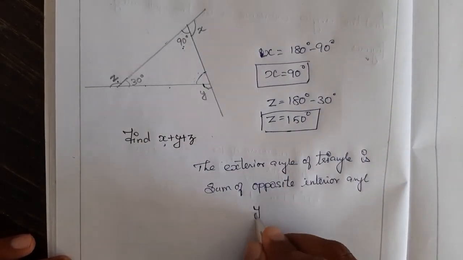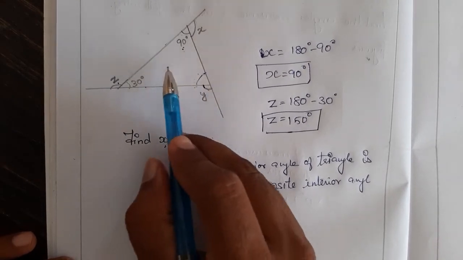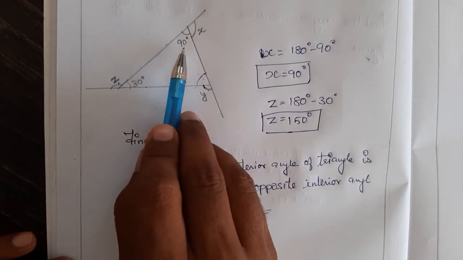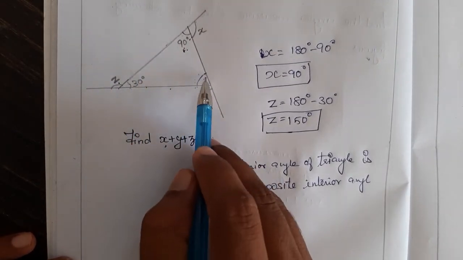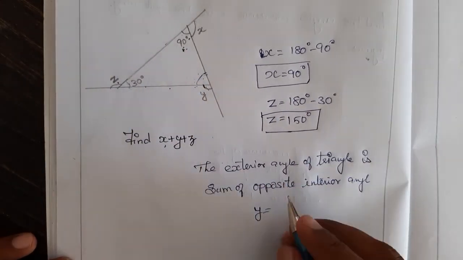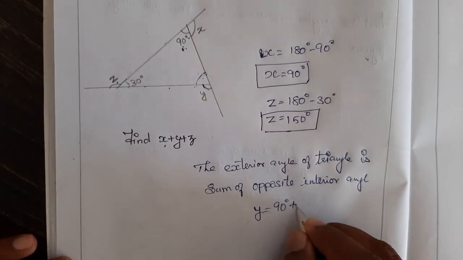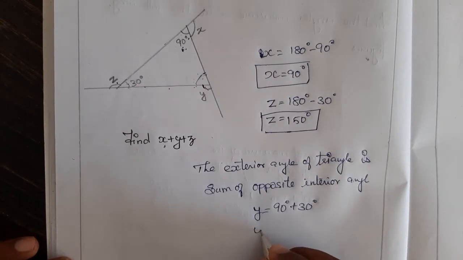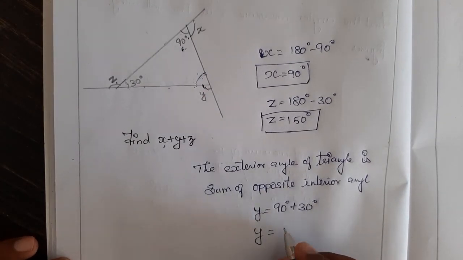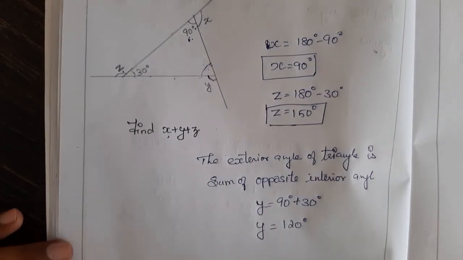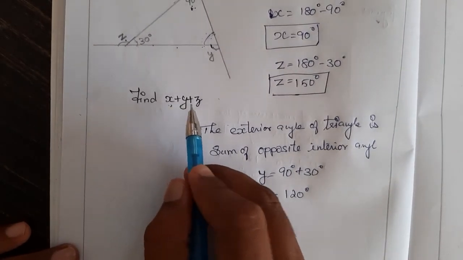So for y, we can add the opposite interior angles. In the interior, these two are the opposite, right? This is the adjacent, so these two are opposite. So y is equal to 90 degrees plus 30 degrees, which is 120 degrees, right? But our question is to find x plus y plus z.